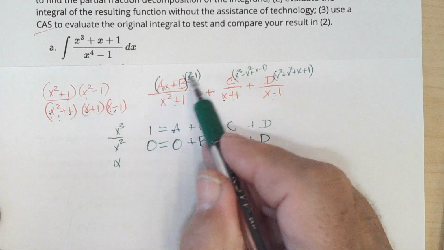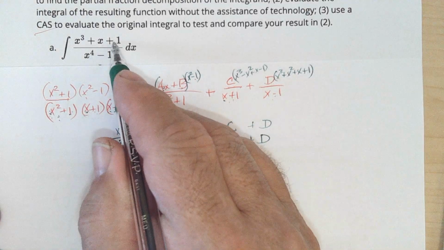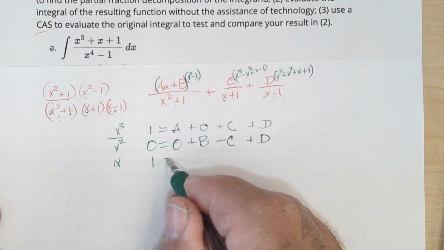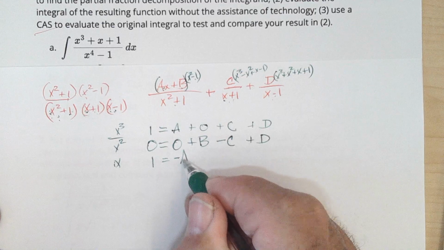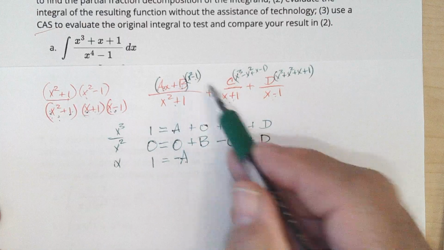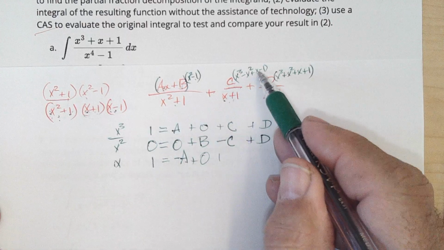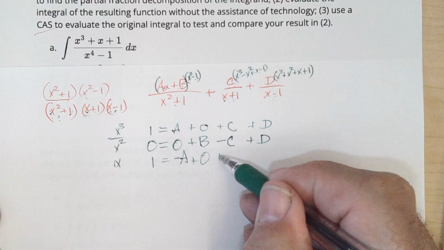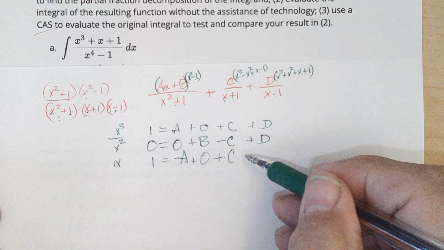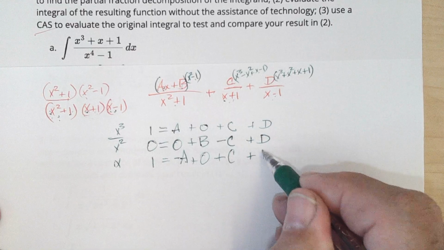X's, we'd have minus a. Over here, x's, we have 1. Minus a. X's, for b, there's none. Plus c, x's, there'd be c of them. And x's here, there'd be plus d.